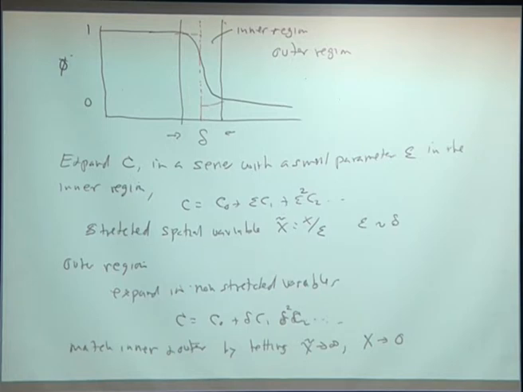So from the outside, the outer solution, you let that go to 0, and the inner solution, you let that go to infinity, and they have to match at some boundary. And so the outer variables are kind of on the diffusional length scale. The inner variables are kind of on this delta length scale.